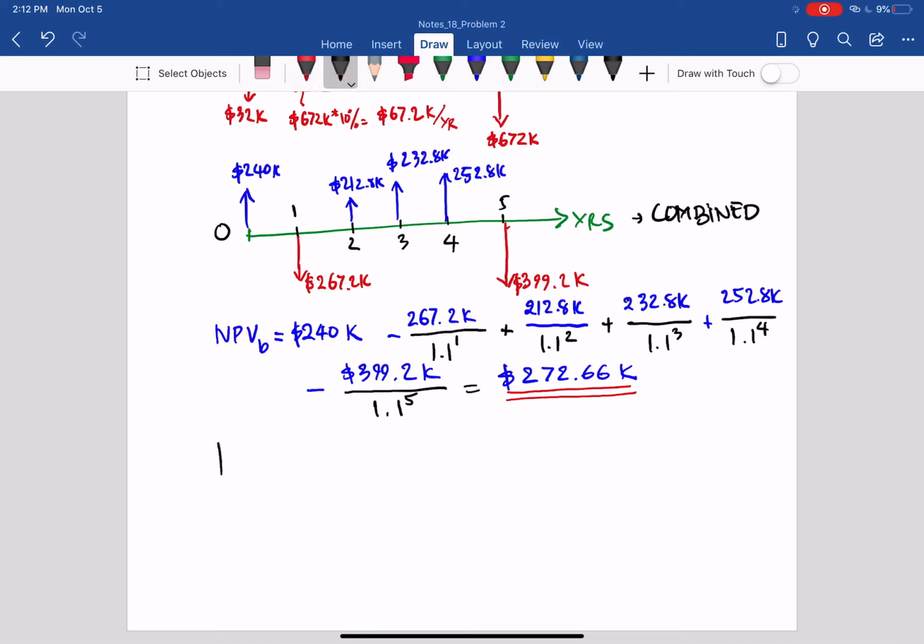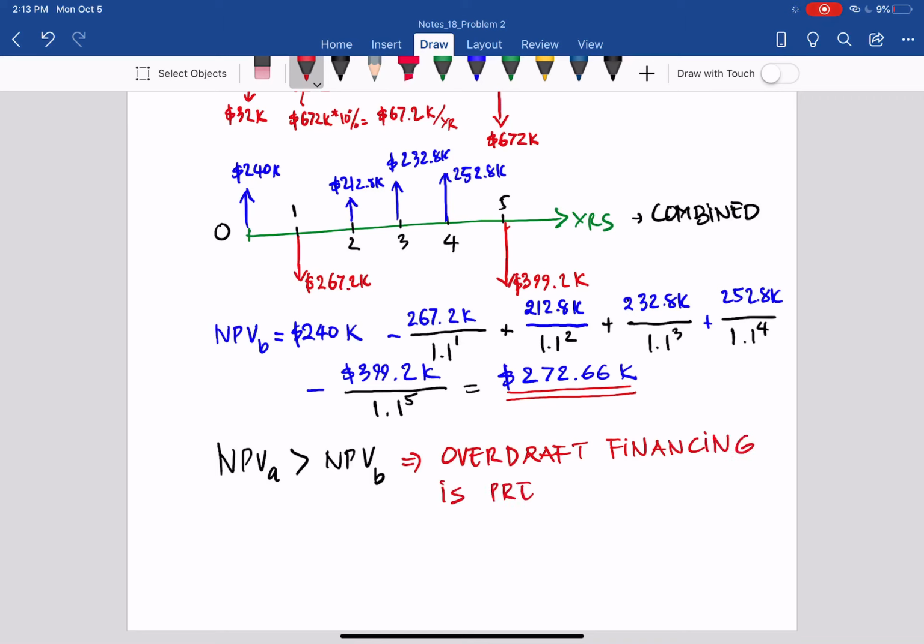So NPV A is greater than NPV B, and overdraft financing is preferred. And that's it for this problem.